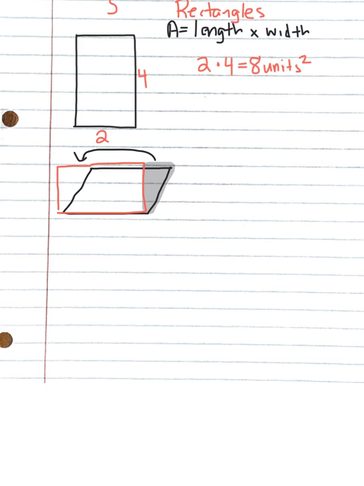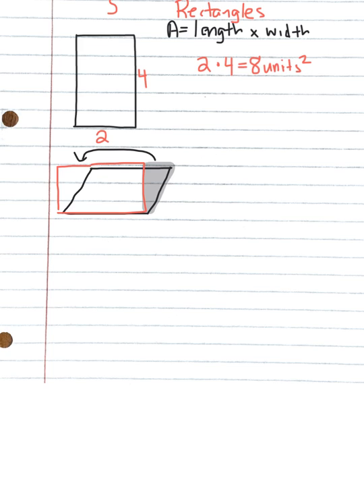So it's very similar to finding the area of a rectangle, but the difference is that what often confuses people is that this length right here is not the height of the parallelogram, that the height of the parallelogram is actually the distance between the two bases.